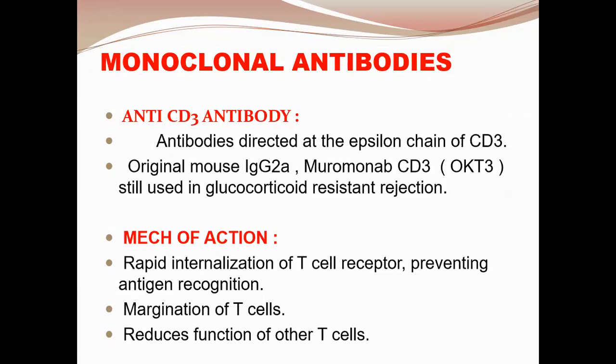The mechanism of action is rapid internalization of the T cell receptor, preventing antigen recognition. They cause margination of the T cells, and they reduce the function of other T cells.